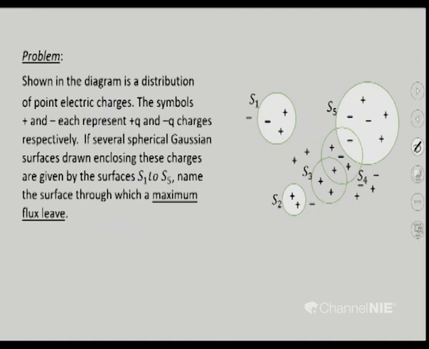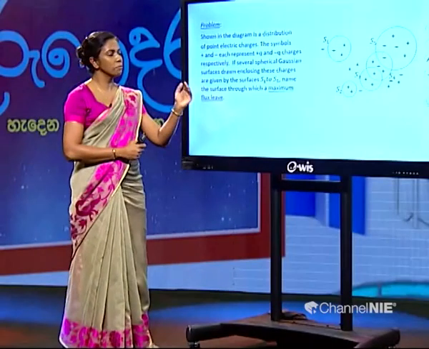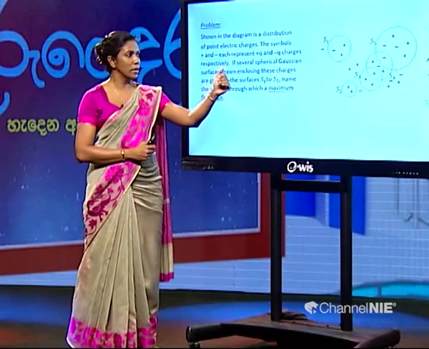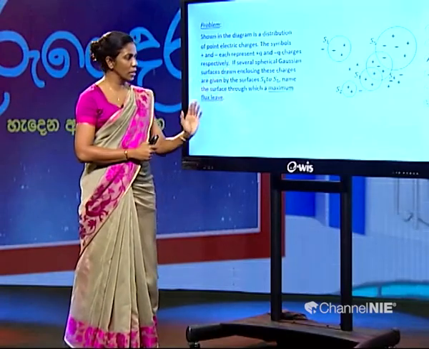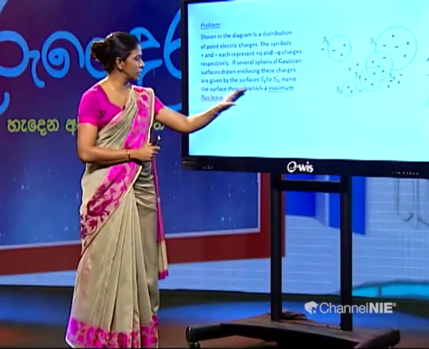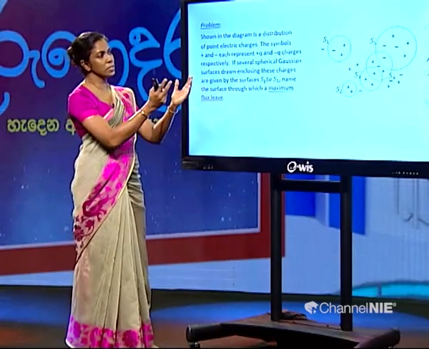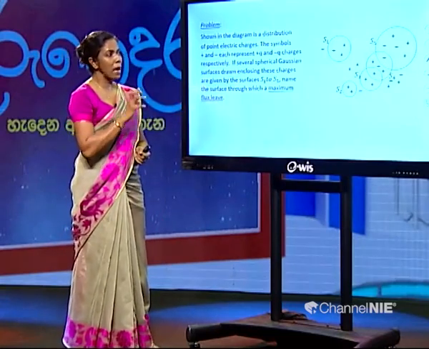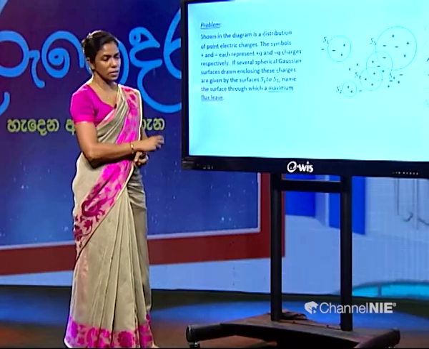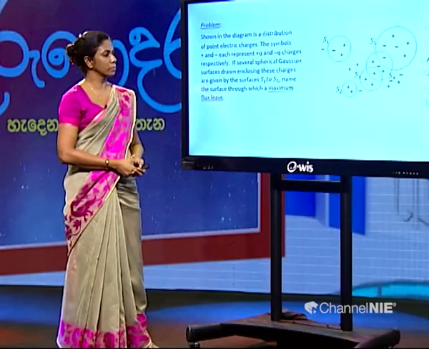Then maximum flux leaves. We have learned the flux is proportional to field lines. We have also learned field lines are proportional to the charge. So, for this we have to find the maximum flux leaving. The surface that encloses the maximum number of positive charges must be identified.